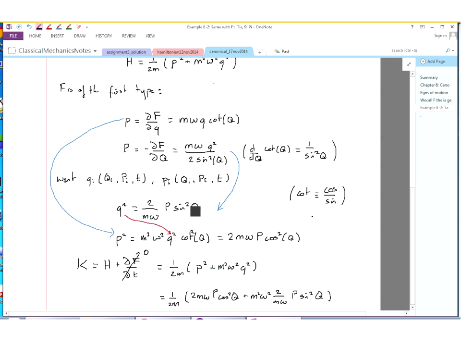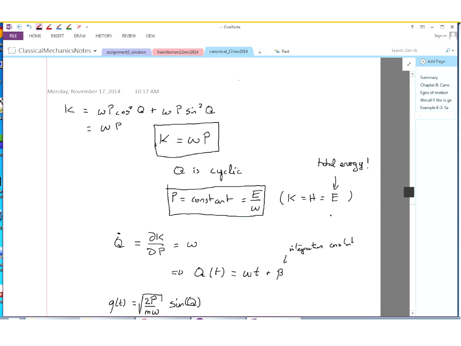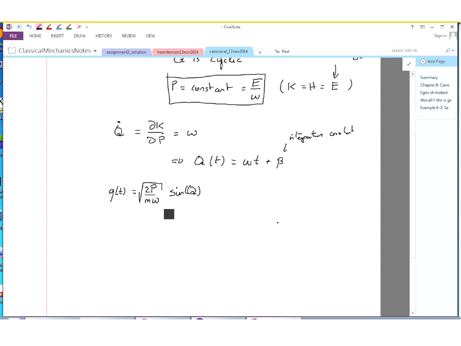We have q squared equals 2 over m omega P sine squared Q. So if I take the square root of that equation, I have q equals the square root of 2P over m omega sine Q, right? So that's just that equation there.